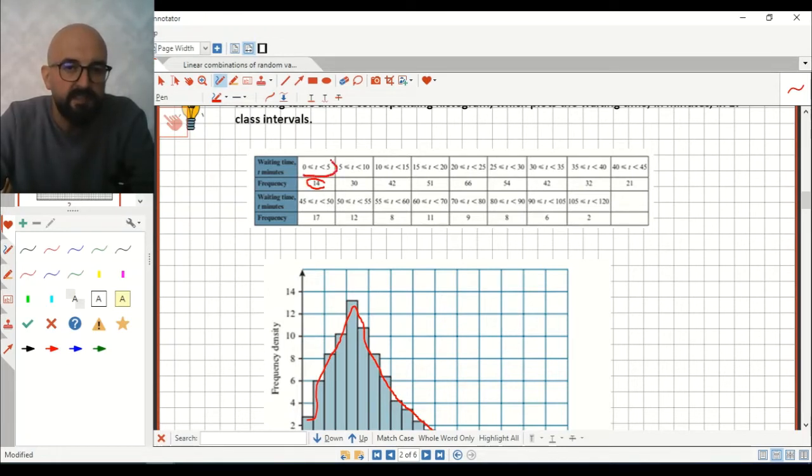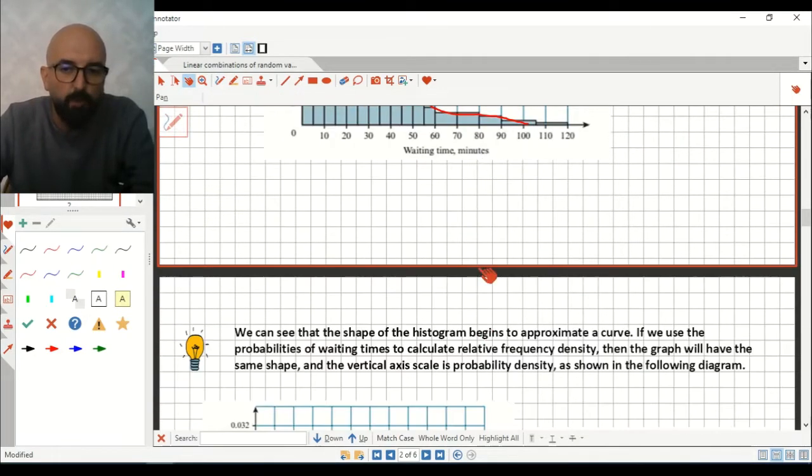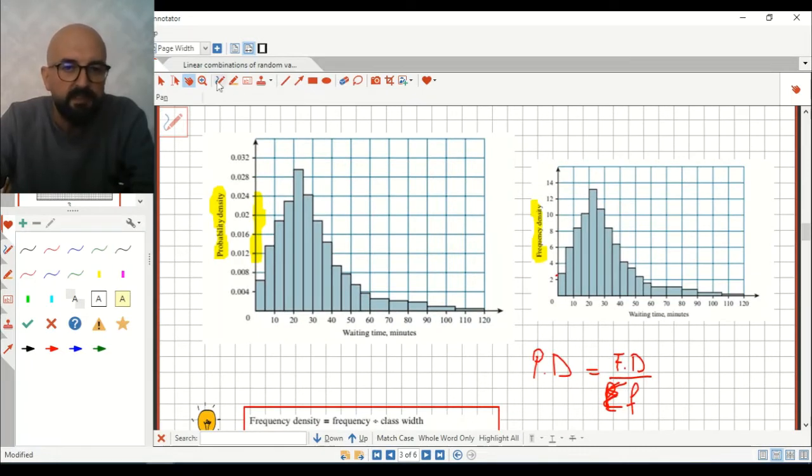Our width is 5, so frequency density is frequency over width. Our width is 5 minus 0, so it becomes 2.8, and this point is 2.8.